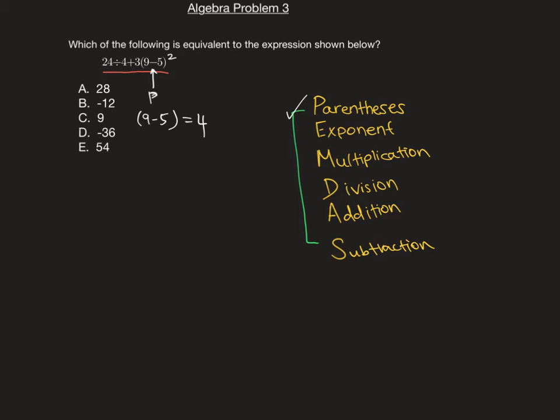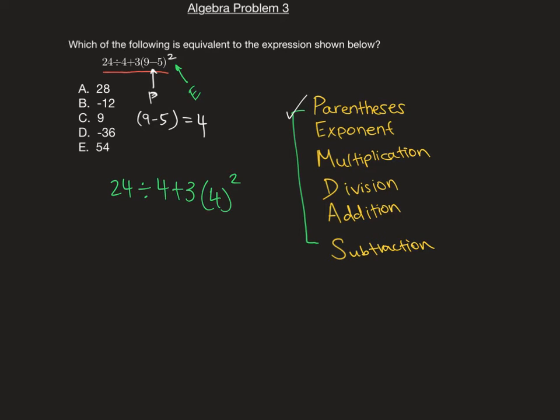Once we've checked that off, we can move on to exponent. Do we have any? We do, right here is our exponent. The exponent is on the parentheses expression. What did we get as our parentheses? That was 4. Let's set up our new equation: 24 divided by 4 plus 3 multiplied by 4, and then to the power 2.